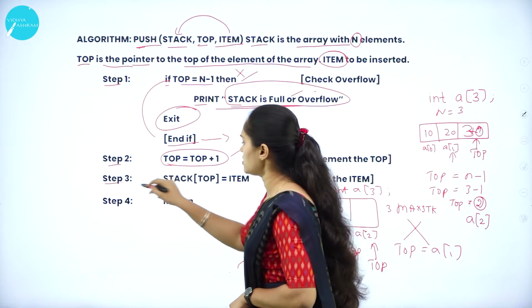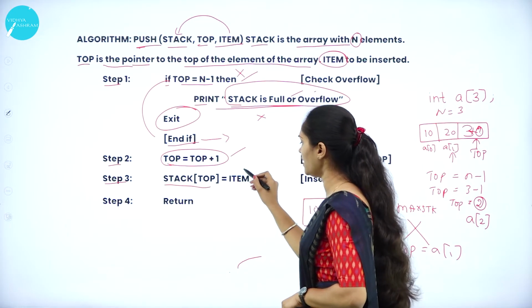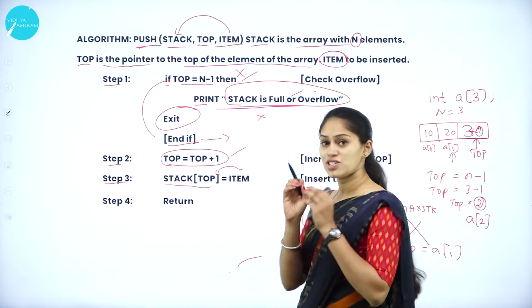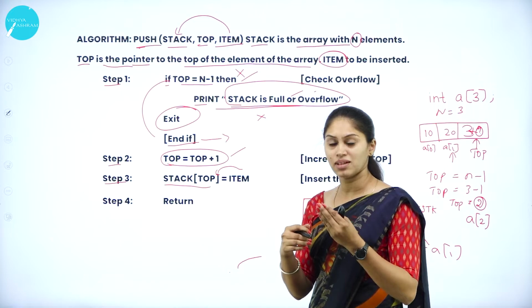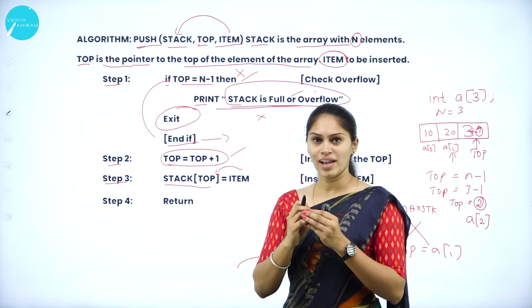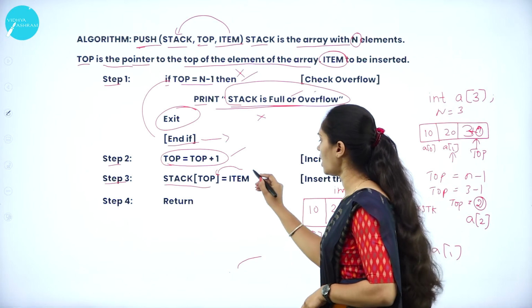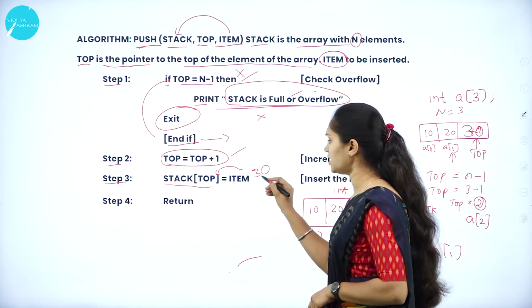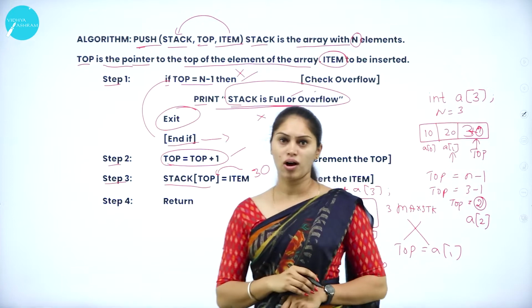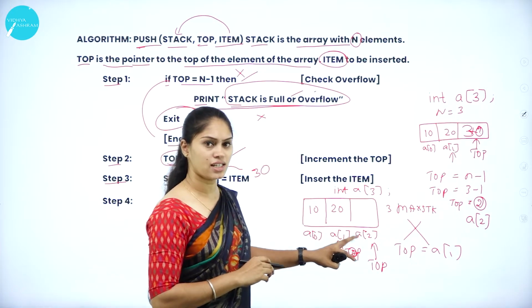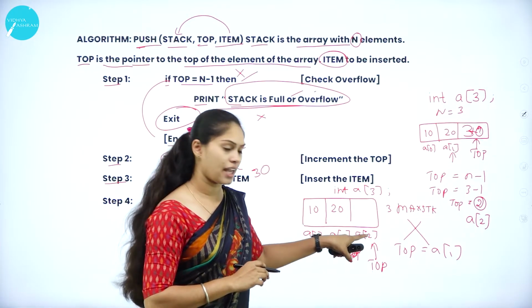So done. Step 3: stack of top is equal to item. I just want to copy the item. Item in the sense the new element which I want to insert into the stack. Now I want to add an item called 30 to the stack of top. I have created a stack, and the top is a of 2.